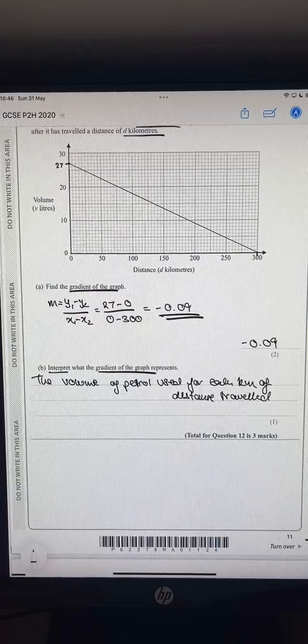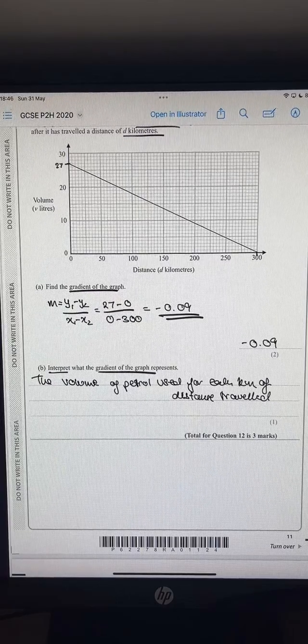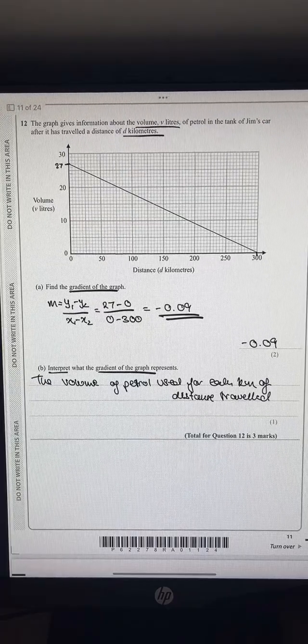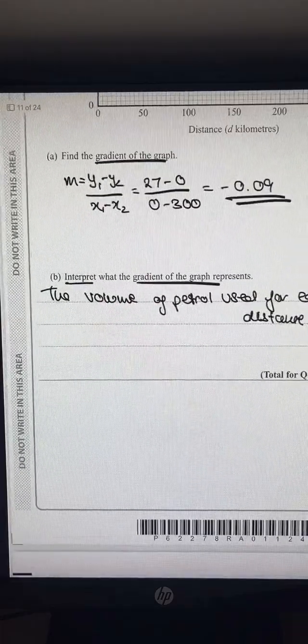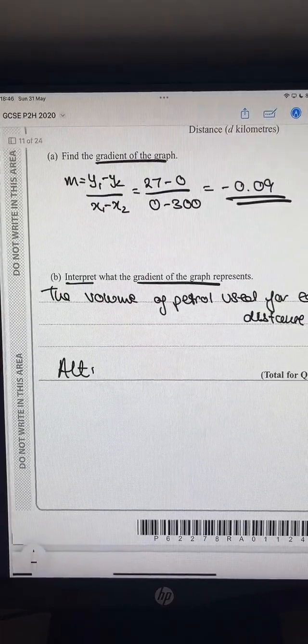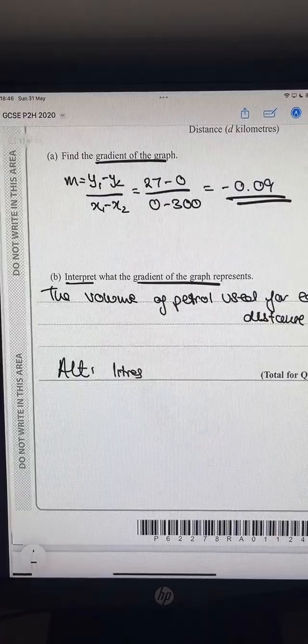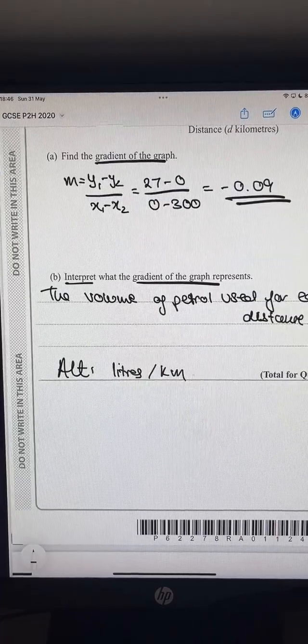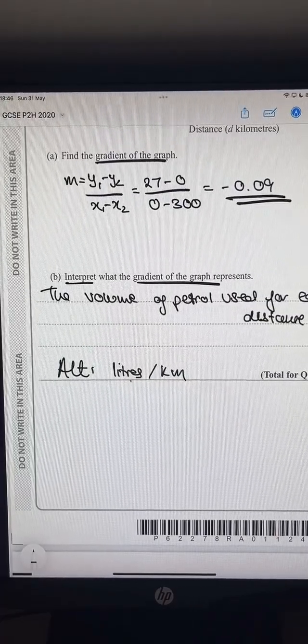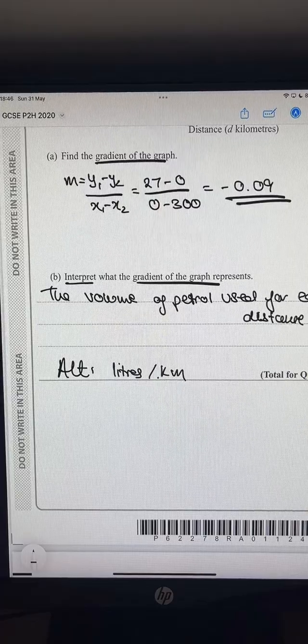That's what I'd say. I normally do the y of blah, blah, blah for each x, blah, blah, blah. That's how I like to say it. So there are alternate ways of putting this. They'd also accept these answers, liters over kilometer. Do not risk this, okay? Don't put liters over kilometer because in my opinion, that's just lazy, kind of. So I wouldn't risk putting something as basic as that.